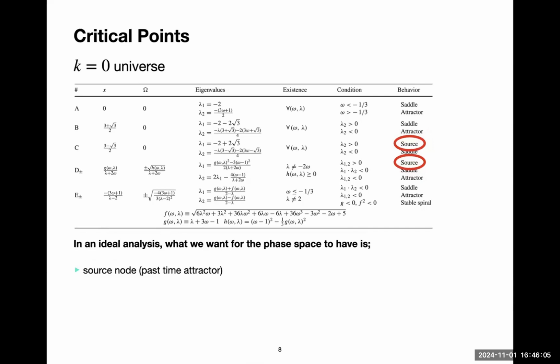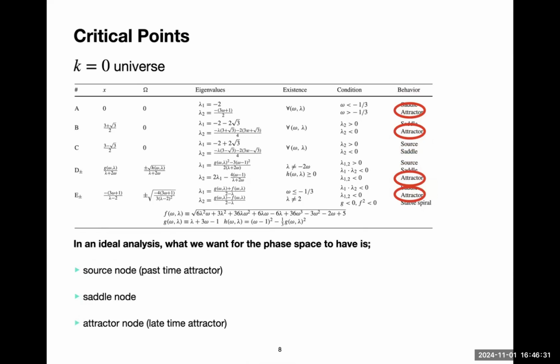We need a source where the trajectory starts evolving, which is also called the past-time attractor. We need a saddle node, which in our example corresponds to matter domination, where the trajectories pass by that node. And finally, we also need at least an attractor node as a late-time attractor.